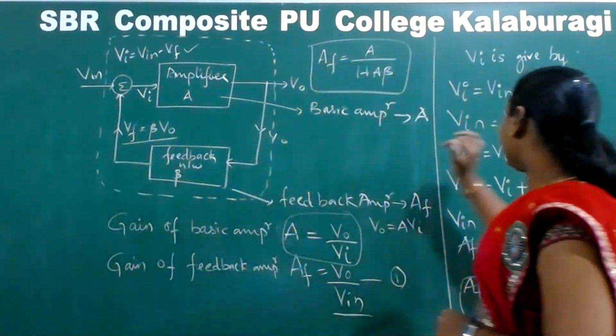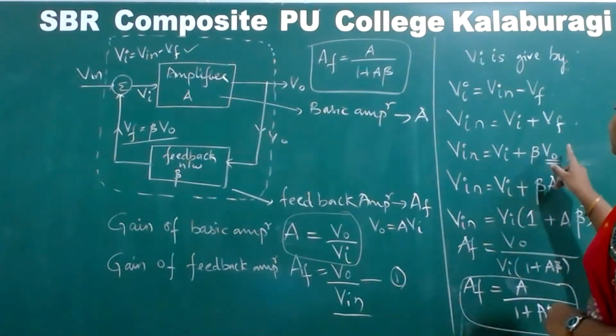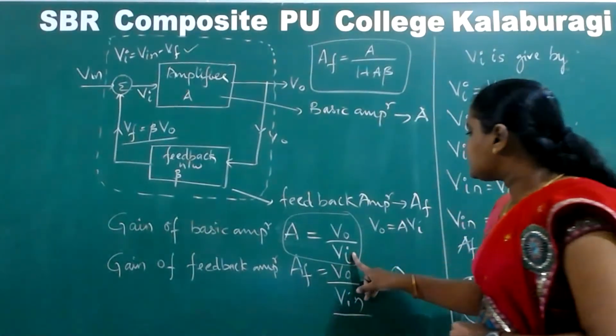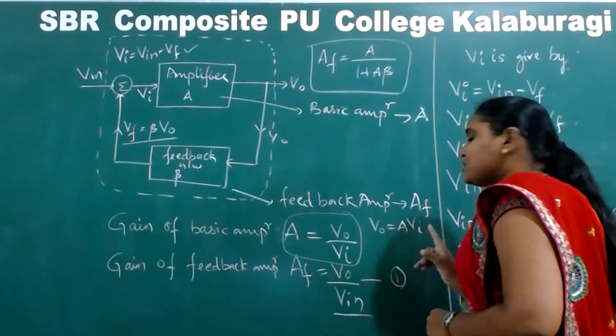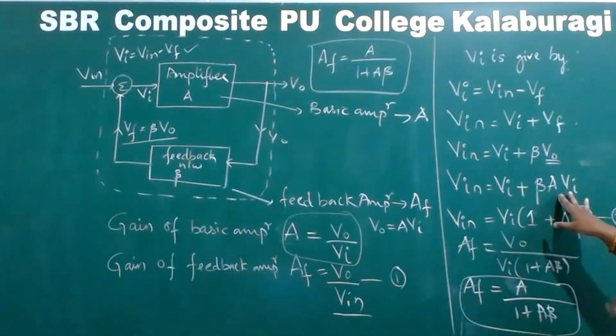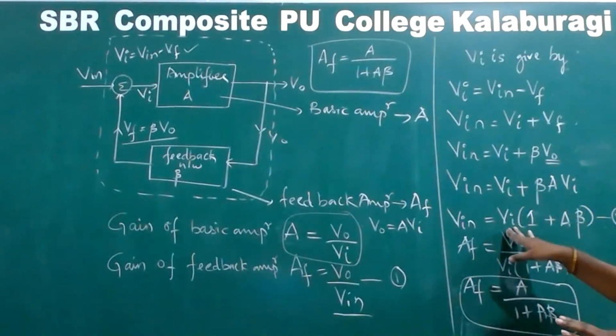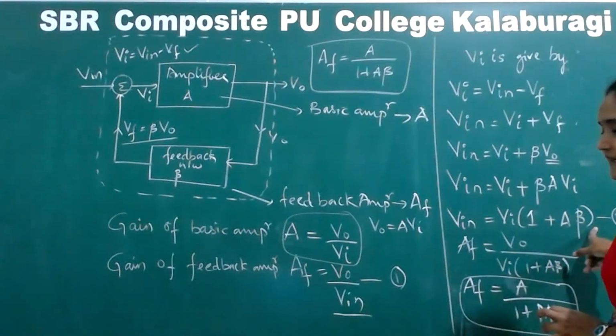Then, since A is equal to V naught by Vi, V naught is equal to A times Vi, which I substitute here. The steps are very simple and easy. Taking Vi common, what remains in the bracket is 1 plus A beta.